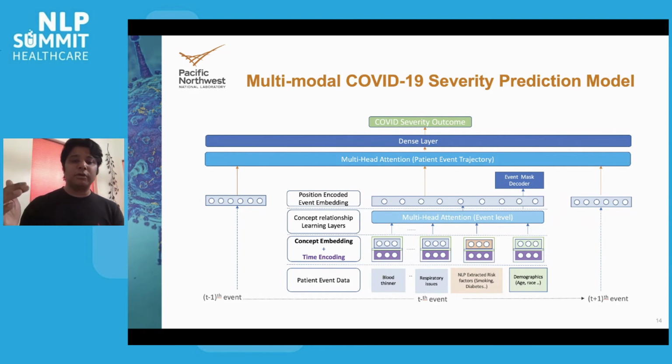And then it goes into the concept relationship learning layer, where we're effectively trying to learn those higher order relations. Which subset of drug codes are intricately related with another set of condition codes. And this is trying to recover the same insight I described with the comorbidity and concomitant drug treatment pattern analysis.